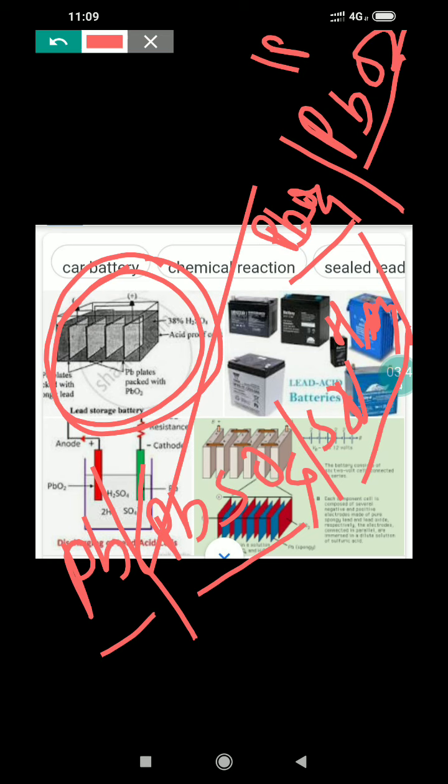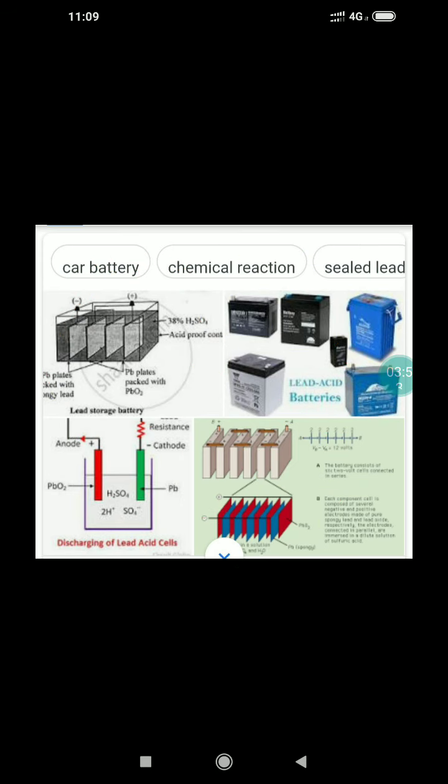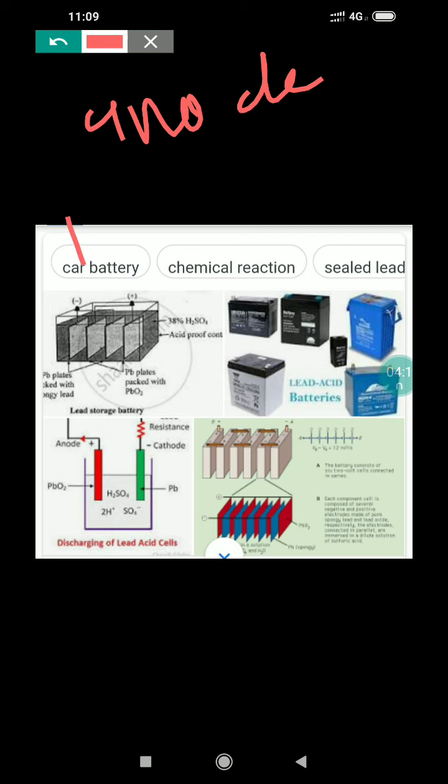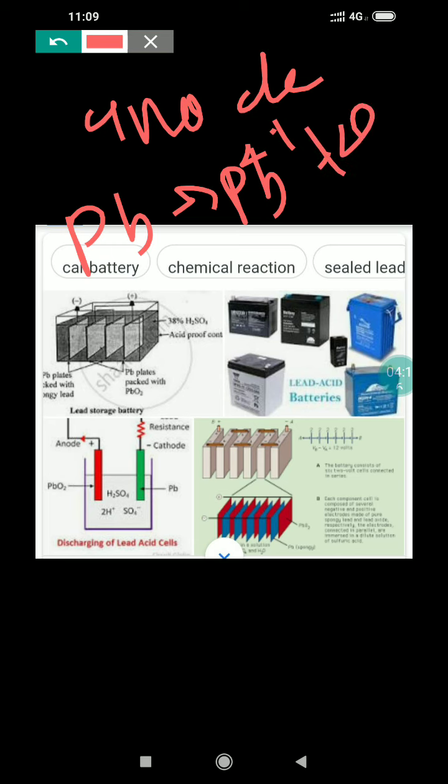Now cell reaction during the discharging. Here during discharging the anode is negative and lead plates act as an anode. Here at the lead plates, means at anode, the reaction is just like this. At anode, Pb giving you Pb di-positive plus 2 electrons.